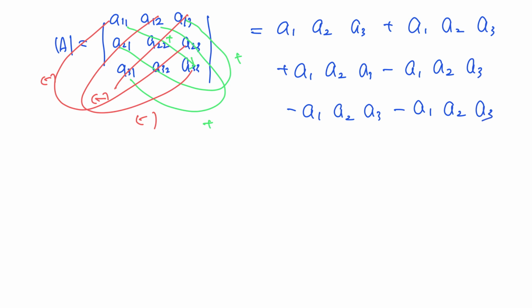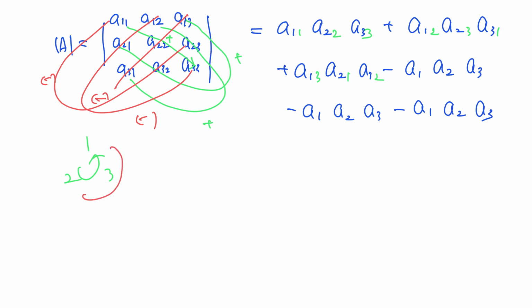Right? So can you see the second index? 1, 2, 3, right? This is plus. Actually, this is the easiest. 1, 2, 3. 2, 3, 1. Right? 3, 1, 2. Which is plus.